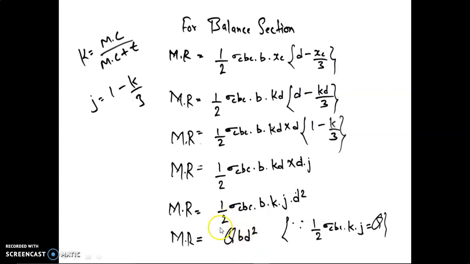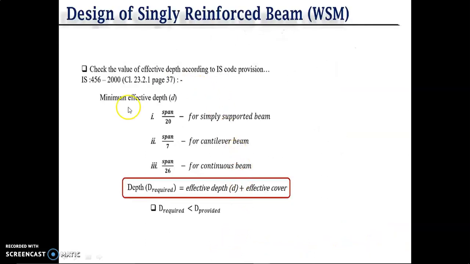If you want to find Q, you have to find first K, after that J, and the sigma CVC value is given. With the help of this formula you have to find Q. Now you also check with the help of this formula whether the depth provided by you is safe or not.